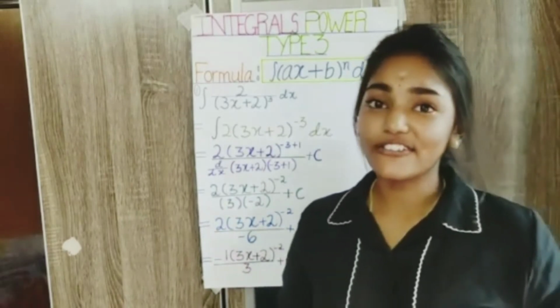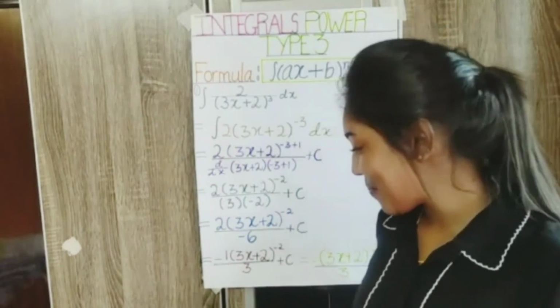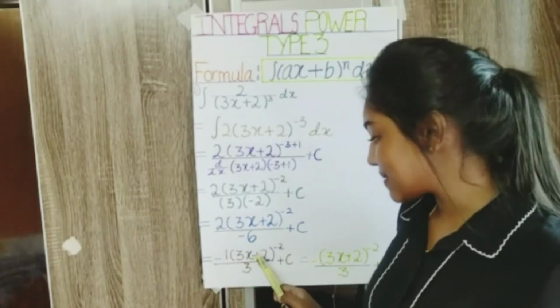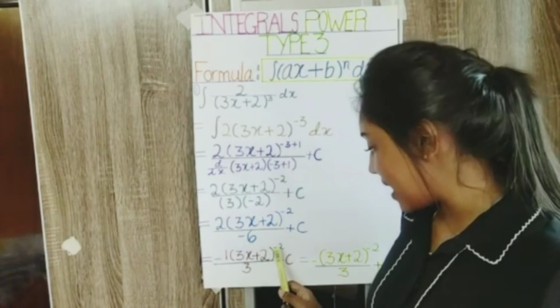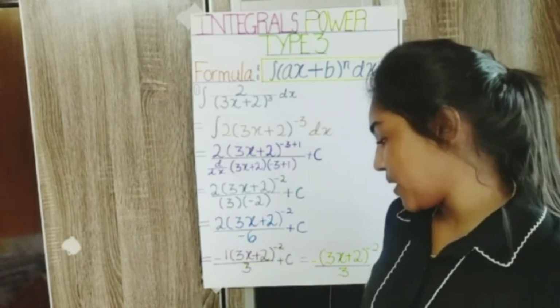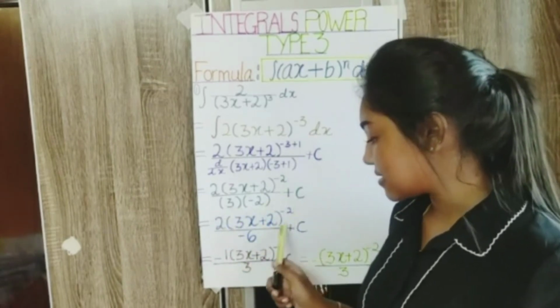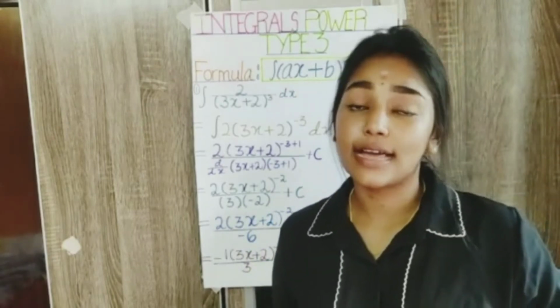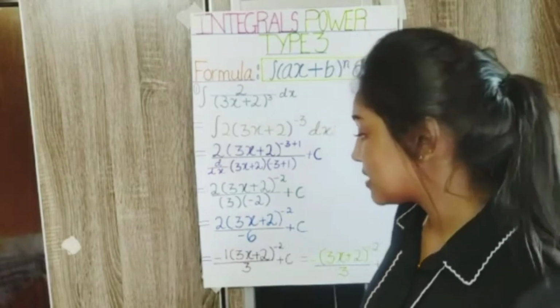So for our final answer we will get negative 1 (3x + 2) to the power negative 2 over 3. We no need to disturb this number which is inside of the bracket until the final answer, because we have nothing to do with this.